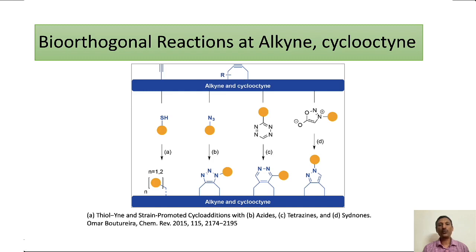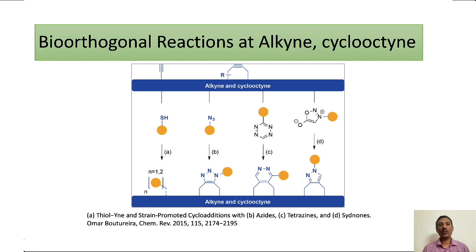So, the ring strain is going to be very high in these kinds of cyclic systems, and to relieve that, the cyclic alkyne cannot exist for a longer time. So, this has to undergo some reaction, and the reaction here is the formation of the bicyclic system. The alkyne, which is an sp hybridized carbon, is converted to an sp2 hybridized carbon, and when it is converted into an sp2 hybridized carbon, then that sp2 hybridized carbon can exist in the cyclic system comfortably.